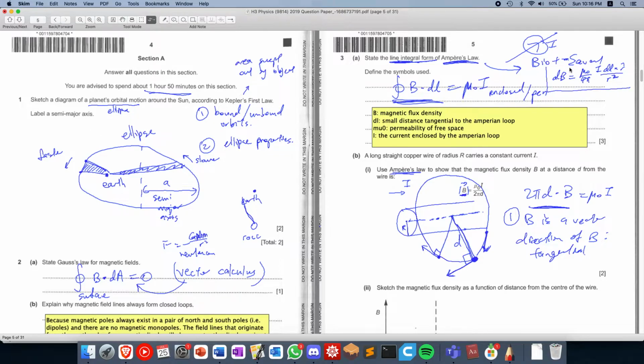Yes, this is the Biot-Savart law, and if you want to see a derivation, I have made a video on it before. I believe it is called Relativistic Electromagnetism. It derives Biot-Savart from Ampere's law.